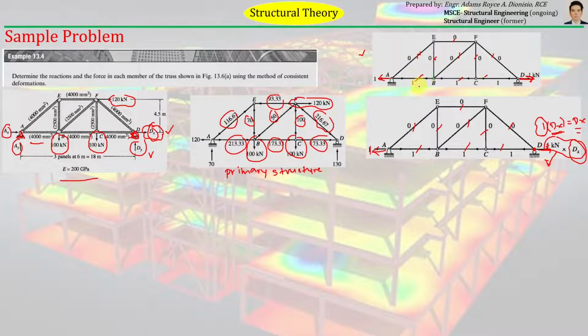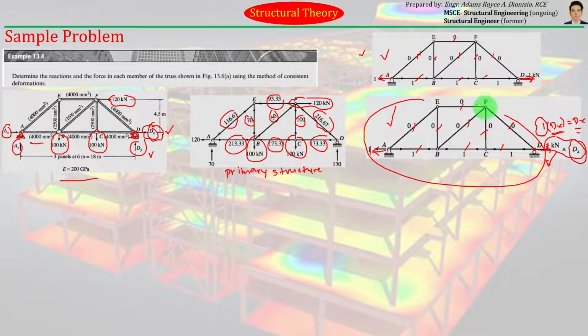But as you can notice, the forces and reactions acting on this structure are just the same as this structure. The main difference between the two is that the forces in this structure are just expressed in terms of dx, but aside from that, you can easily see that all of the values, even their corresponding directions, are just the same.